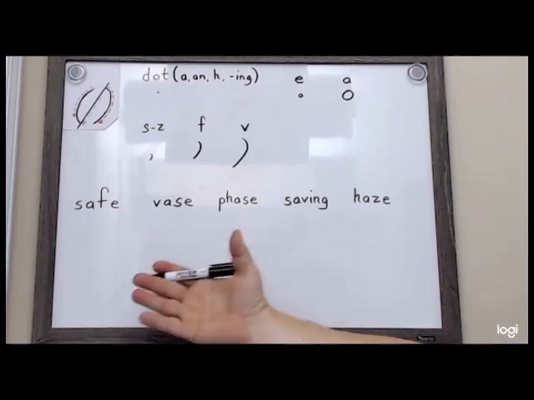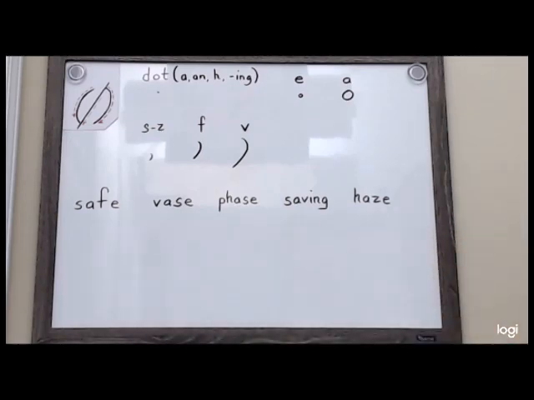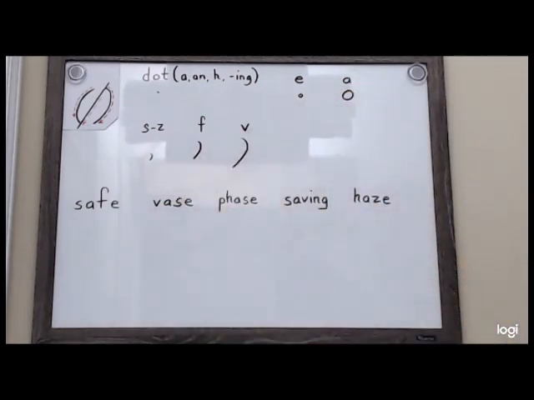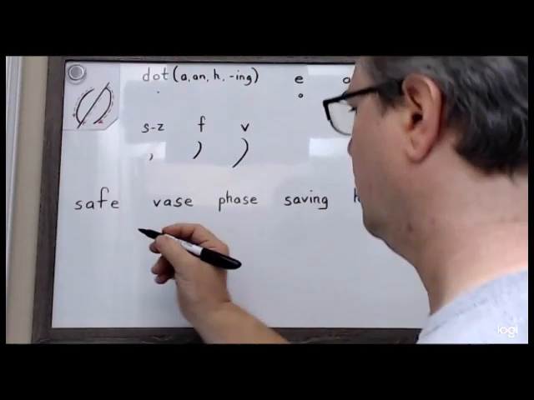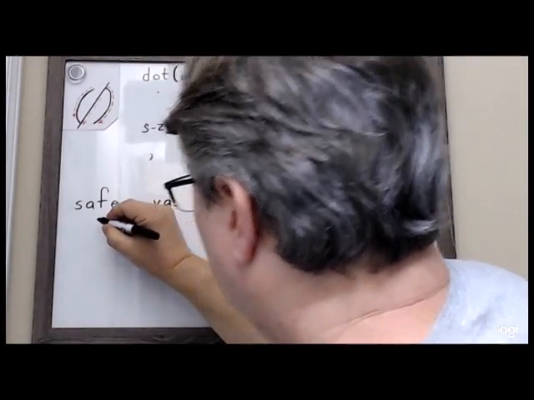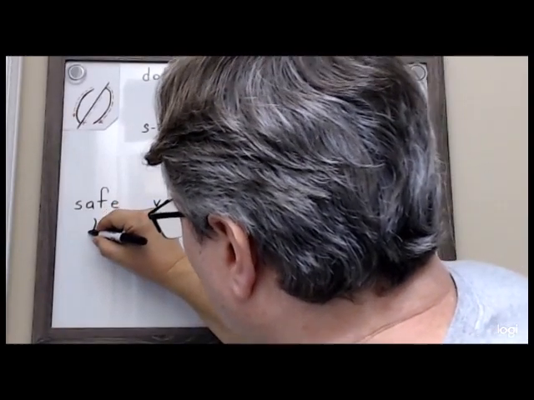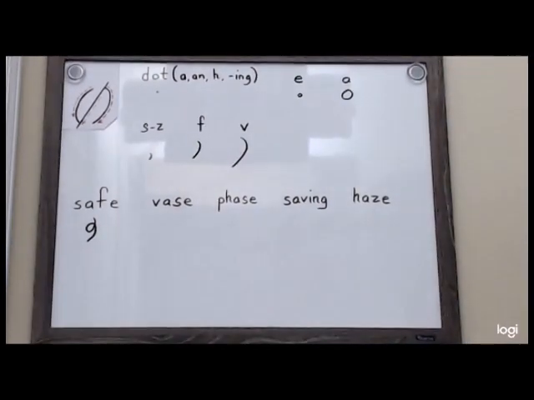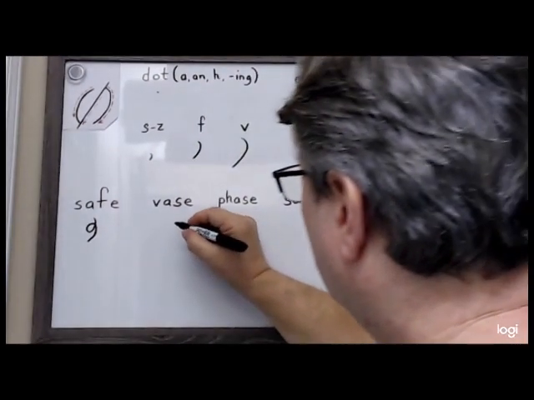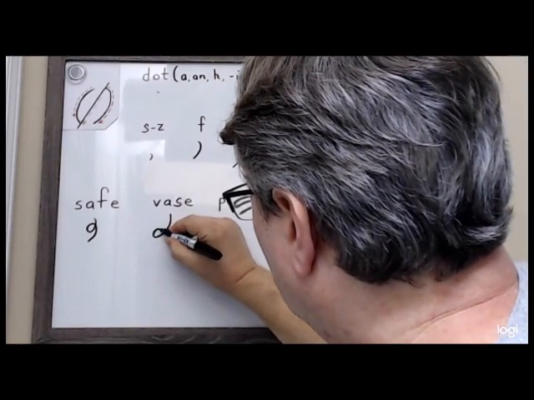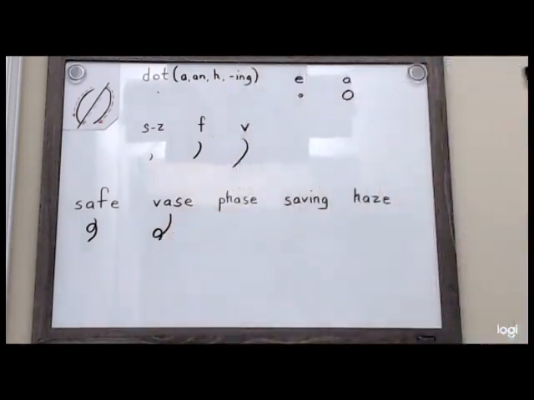And here are a few words as examples of writing using the long A and these characters. So the word safe, and remember, written phonetically, is S-A-F. The word vase will be written V-A-S.